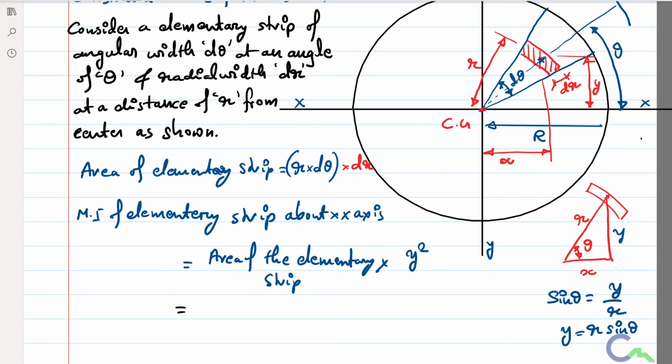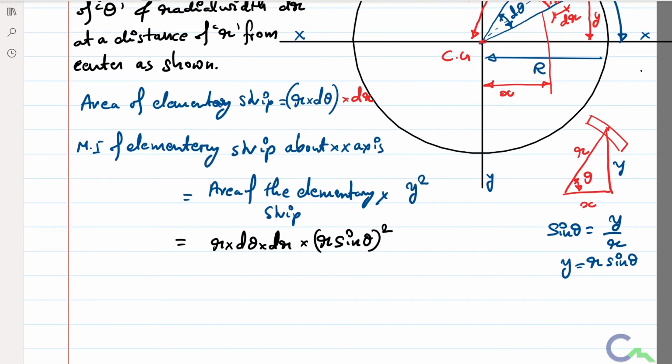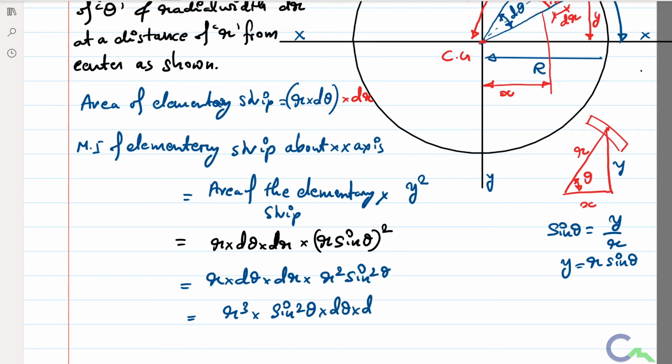The area of the elementary strip, that is r into d theta into dr, into y, which is r sin theta, whole square. If I simplify this, I can write r into d theta into dr into r square sin square theta. So this will be r cube into sin square theta into d theta into dr.